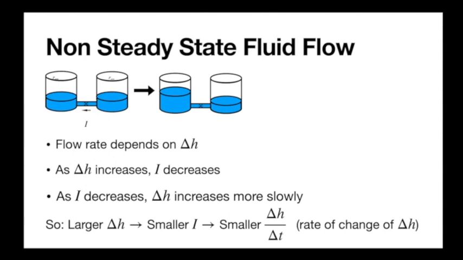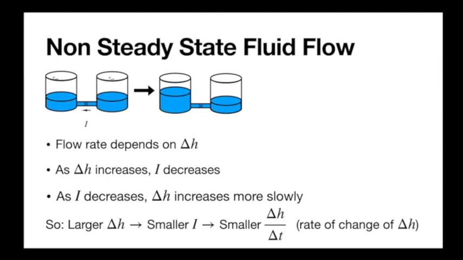So put another way, larger delta H gives us smaller I, gives us a smaller rate of change of H, or delta H over delta T. This is leaning toward calculus, which you're not responsible for in this class, but it's like a derivative, a rate of change. It's just rise over run.